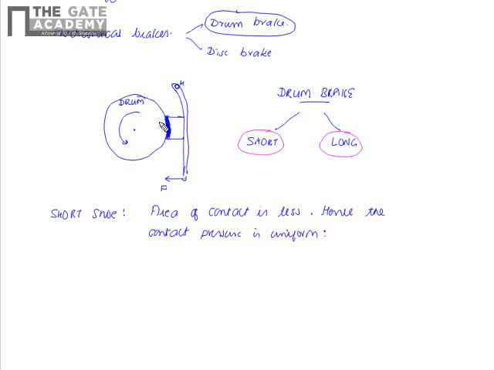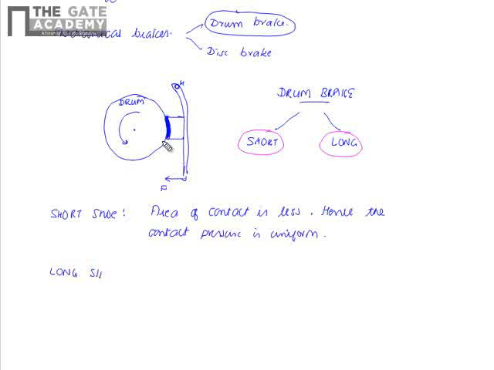We have seen that when the shoe is pressing against a moving body, a contact pressure is generated, and this contact pressure results in a frictional force, which will be given by mu times the contact force, and this frictional force causes a braking torque about the center, which tries to retard the moving body. So, when the length of the shoe is less, the contact pressure remains uniform over the length of the shoe, and when the area of contact becomes large, the contact may no longer be with a uniform pressure.